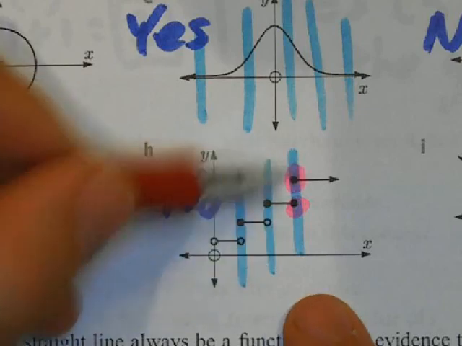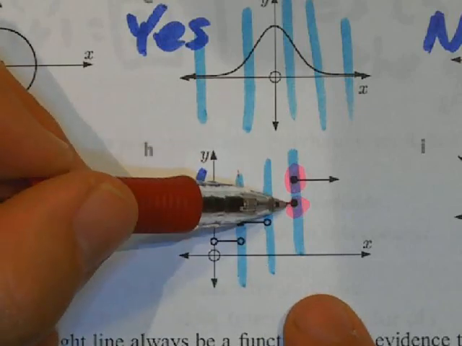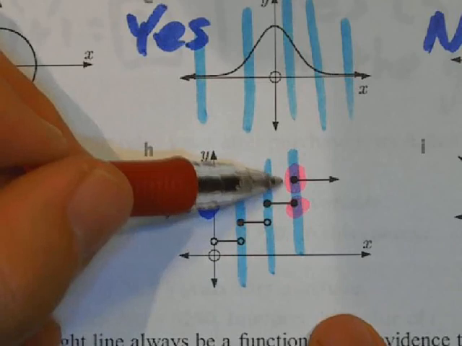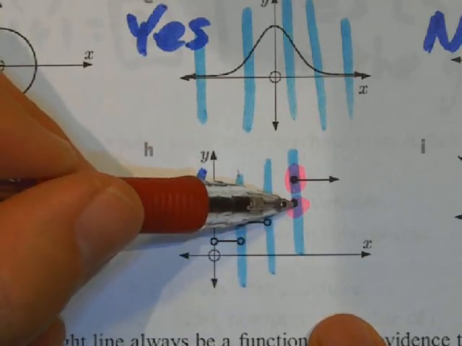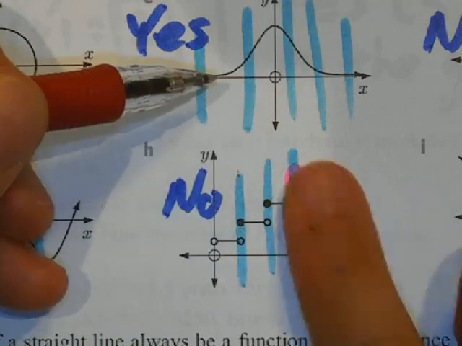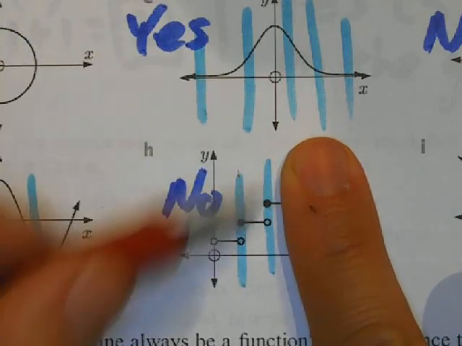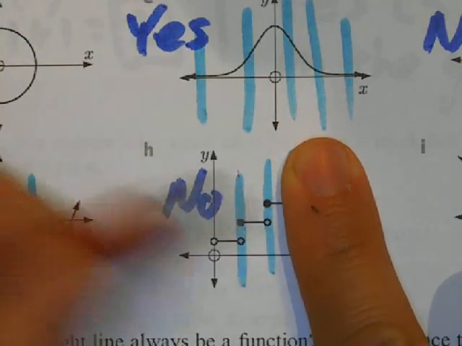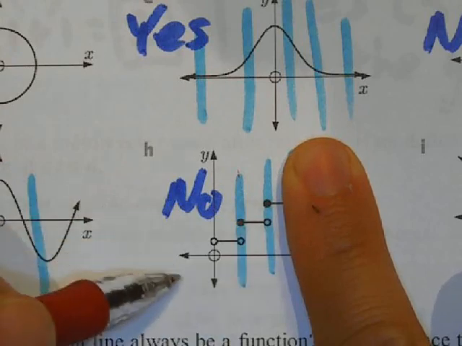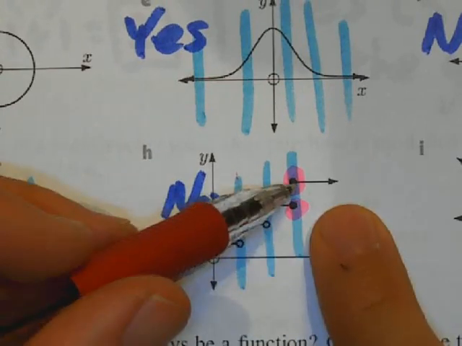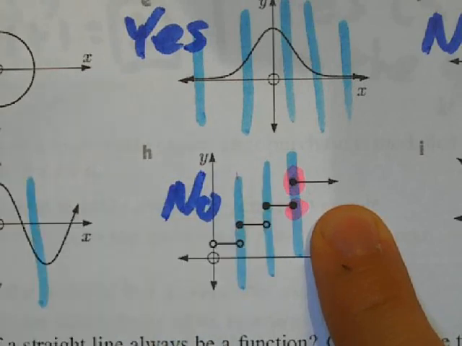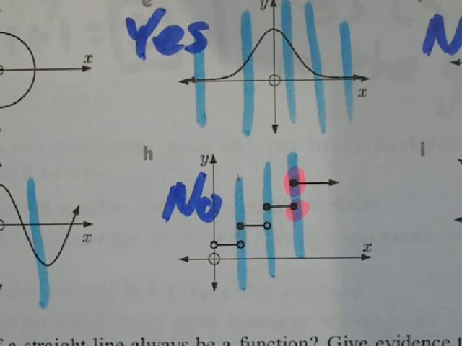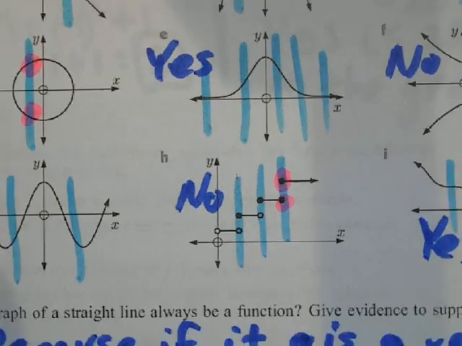It's only right here that it makes it not a function, because if I draw the vertical line through here, it goes through this dot and this dot. So if I hid this part and this was my only function, this part here, then this would be a function. But because of this vertical line that goes through two dots, that makes it not a function. Okay.